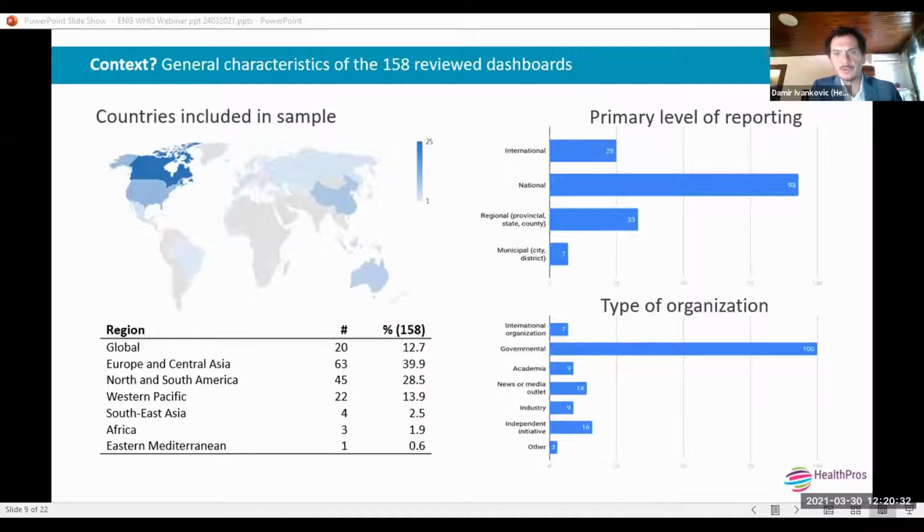And again, most of them were governmental reporting. We also looked at independent initiatives, international organizations, media outlets, academia, industry. But again, I would say 2/3 were governmental reporting or government-appointed reporting. Next slide, please.